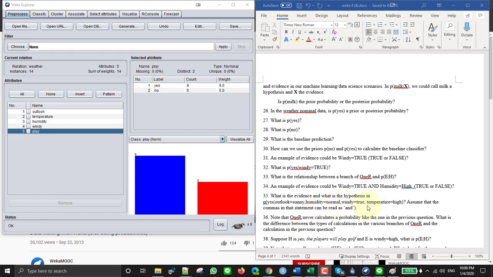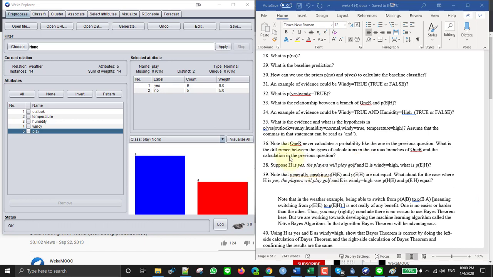You would read those as and. So outlook equals sunny and humidity equals normal and windy equals true and temperature equals high. So all of that is the evidence, and the hypothesis is that they will play golf, or yes.